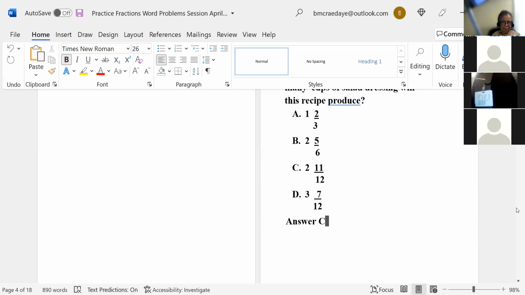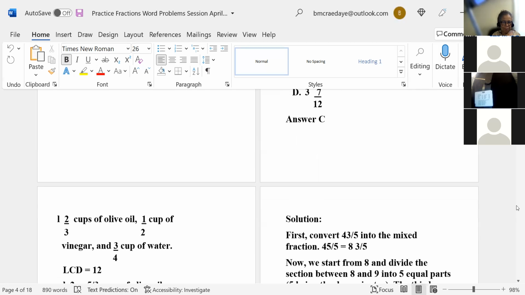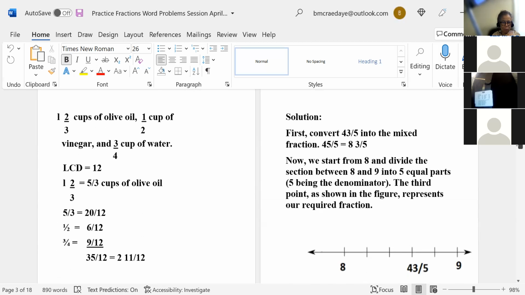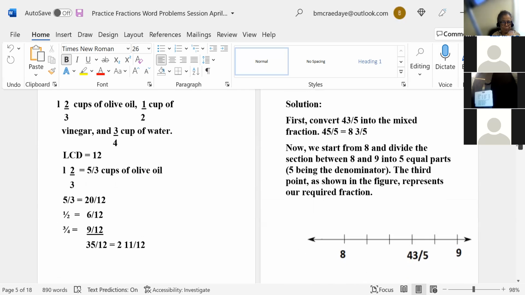Okay. Now there's something here I want to show you on the number line. Now I have a number line here. Remember I told you fractions can be on number lines. Say if you had 43/5 as a mixed fraction, it is 8 and 3/5. So on the number line, it will be between 8 and 9, right?